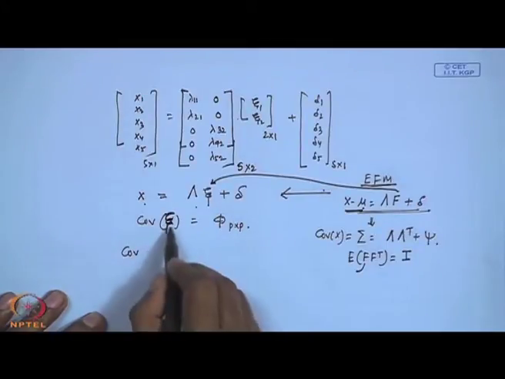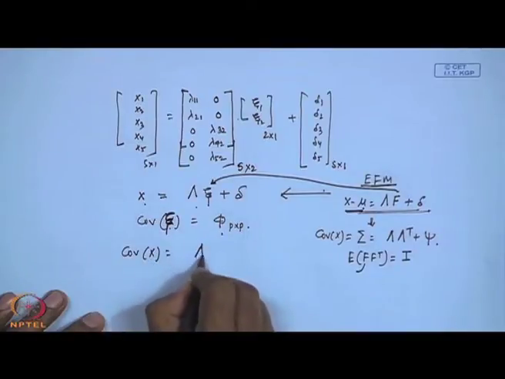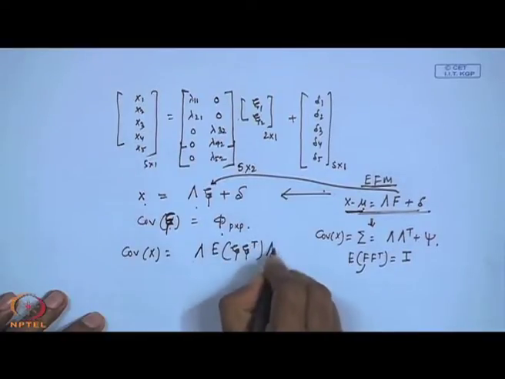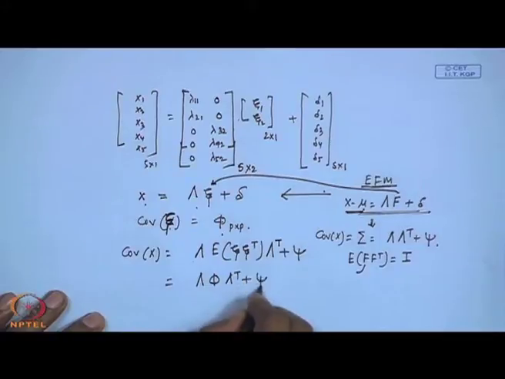Okay, covariance of xi is this, then covariance of x will be lambda expected value of xi xi transpose lambda transpose plus psi, which will be lambda phi lambda transpose plus psi.